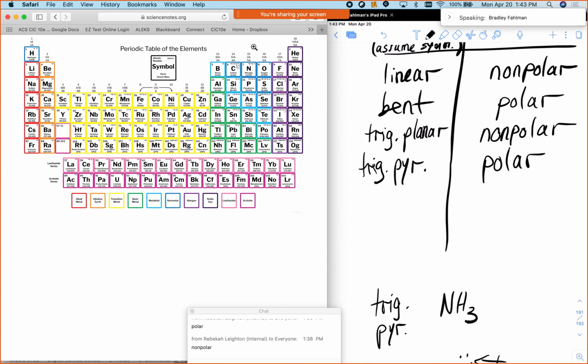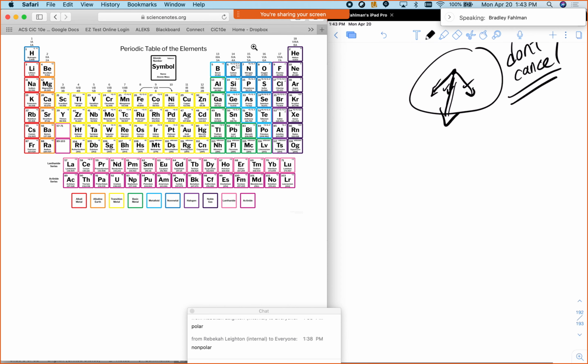And then I guess our last one is tetrahedral. This one is tough to see, so let me draw it this way. Maybe this will be easier to see. If you think about something in the middle, let's do methane as an example.